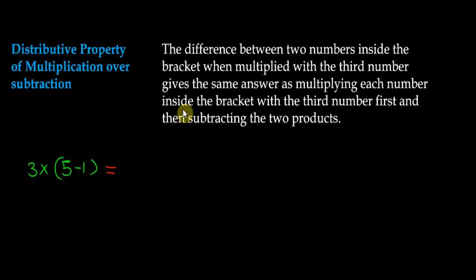multiplying each number inside the bracket with the third number first. So that means we are going to multiply each number inside the bracket with the third number, that is 3. So we will multiply 3 to 5 and 3 to 1 separately. Therefore, we will get 3 times 5 and 3 times 1.